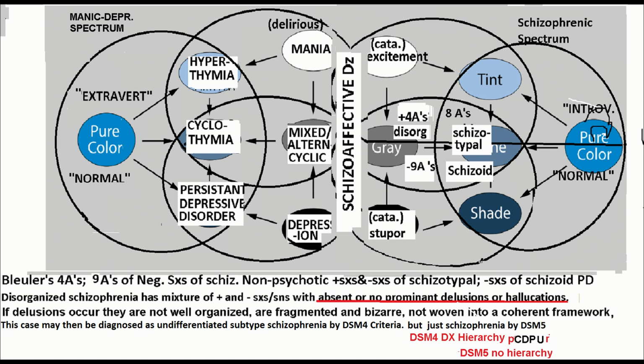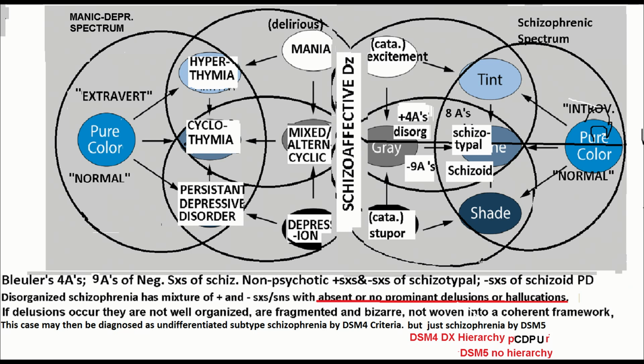So delusions and hallucinations weren't a prominent feature of disorganized schizophrenia, and if they did occur, they weren't well organized, were fragmented and bizarre, not woven into a coherent framework like systematic delusions that occurred in schizophrenia. In paranoid schizophrenia, there are delusions of persecution and grandeur, and then reference, where people would think that incidental, coincidental events that occurred would refer to them.